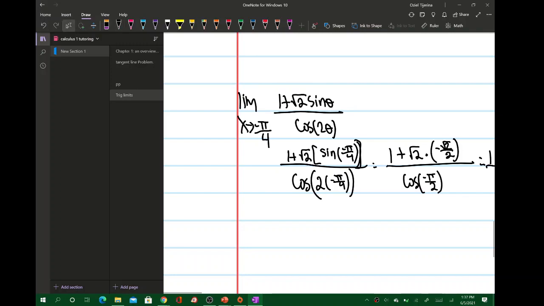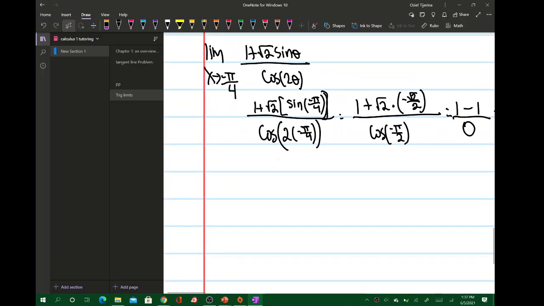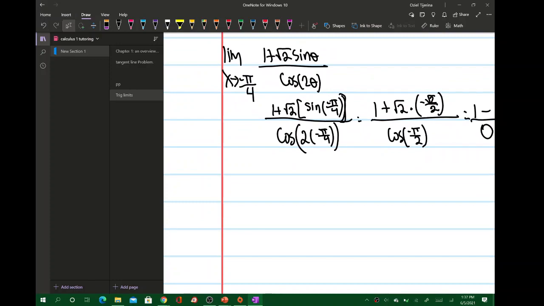Okay, so this one is interesting. We have to use trig identities to do this one. The first thing that I want to make sure we understand is that cosine of 2 theta equals cosine squared theta minus sine squared theta.